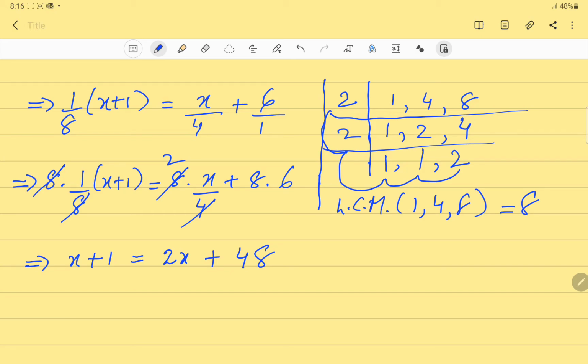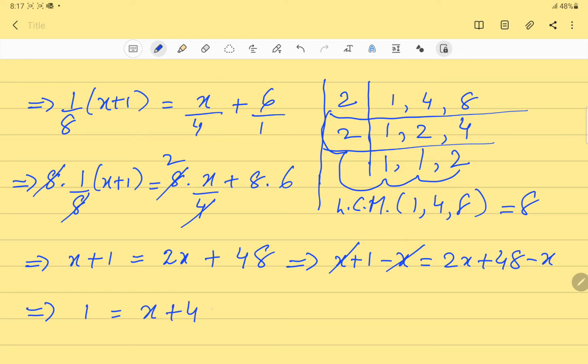Now we subtract x from both sides. So x plus 1 minus x is equal to 2x plus 48 minus x. This x cancels with this x and we get 1 is equal to 2x minus x, which is x, plus 48.